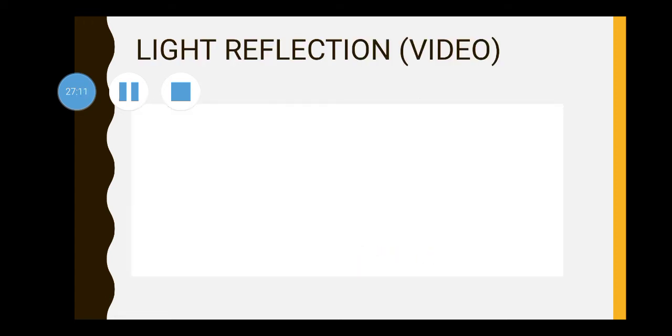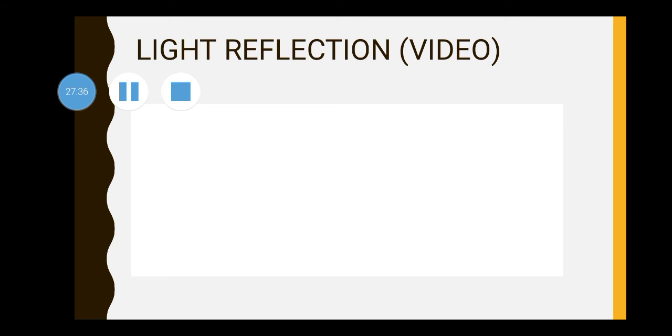So we talked about the first property, which is that light travels in a straight line, and then we talked about the transmission of light, or how light passes through different materials. The third one will be light reflection, which means, why do we see the objects around us?